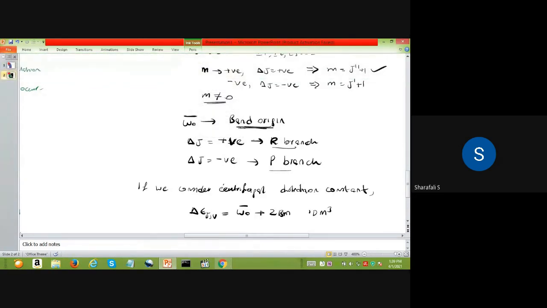And the values of b are as mentioned earlier. When you are including this centrifugal distortion constant, this is in centimeter inverse.